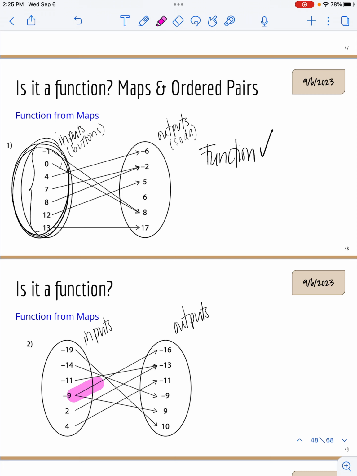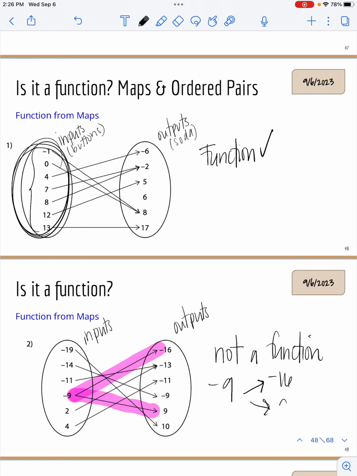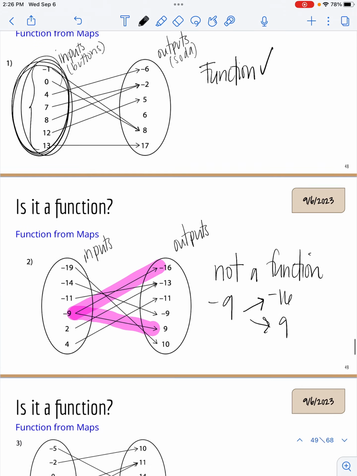So because that happens here, this is not a function. Because again, -9 goes to both -16 and 9. So because it doesn't have exactly one answer, it's not a function.